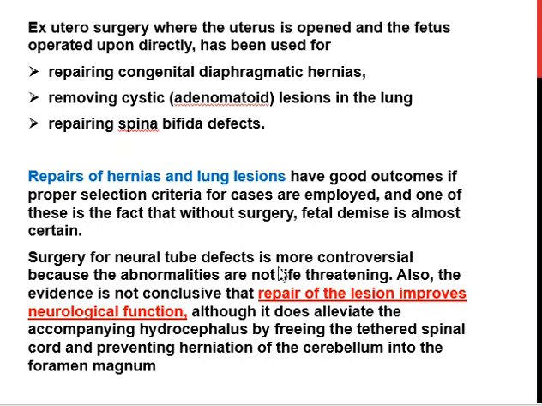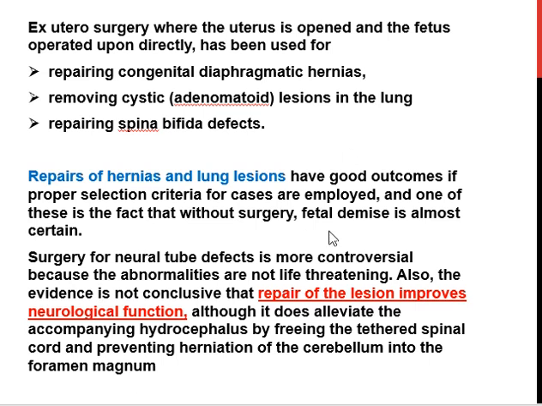Surgery for neural tube defects is more controversial because the abnormalities are not life threatening. Also, the evidence is not conclusive that repair of the lesion improves neurological function, although it does alleviate the accompanying hydrocephalus by freeing the tethered spinal cord and preventing herniation of the cerebellum into the foramen magnum.